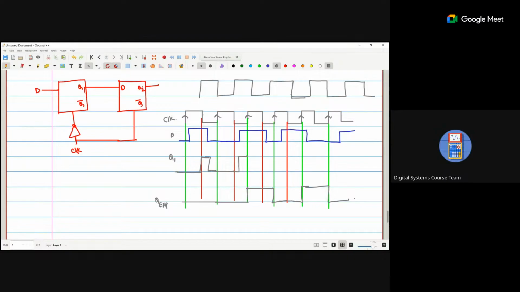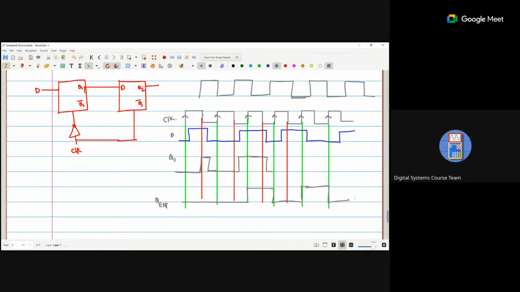In the positive region, the data stays the same, no change. Again in the negative region, it follows D. In between, in the positive region, it maintains the same.